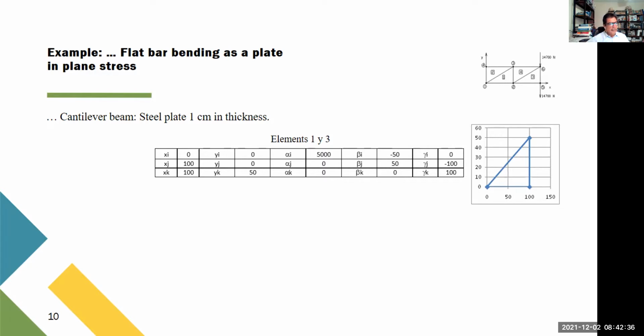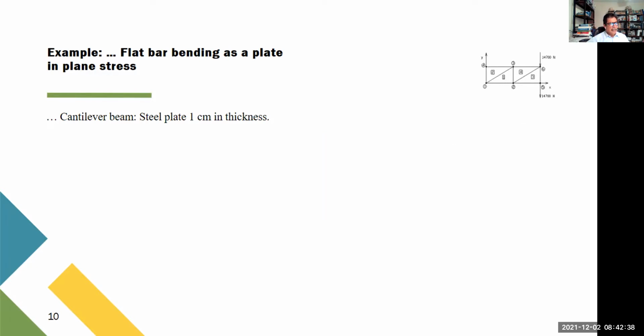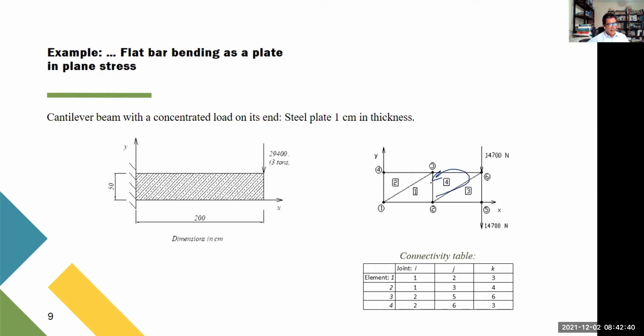Since element 1 and element 3 have the same dimension in x and y, both are the same shape, the calculation of the stiffness matrix for 1 is the same for 3. The same you can say for elements 2 and 4. After calculating the stiffness matrix, when you try to form the global, that's different. But the stiffness matrix itself is the same.